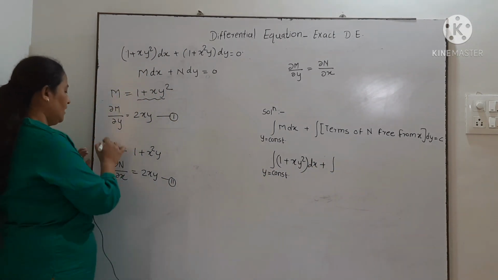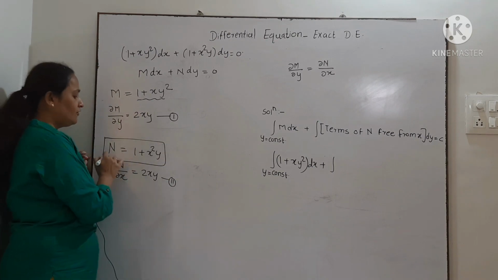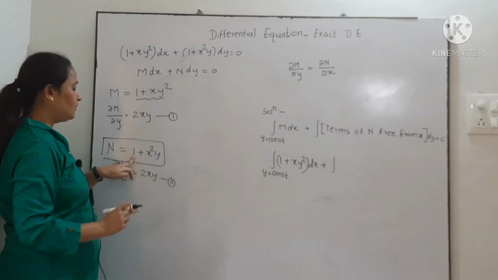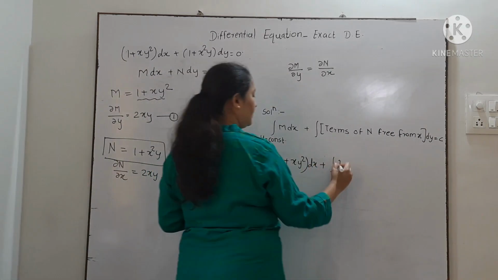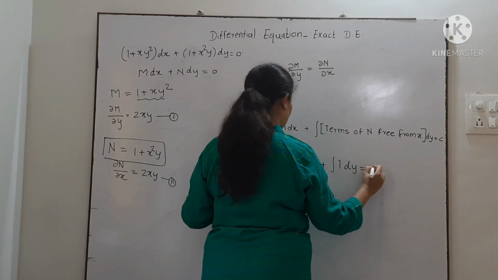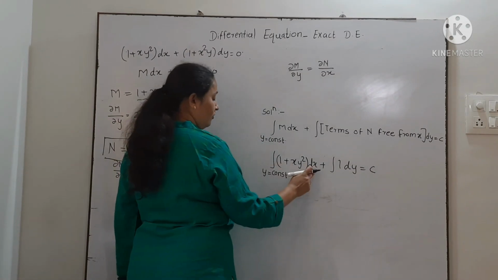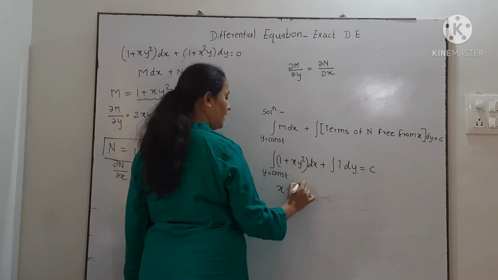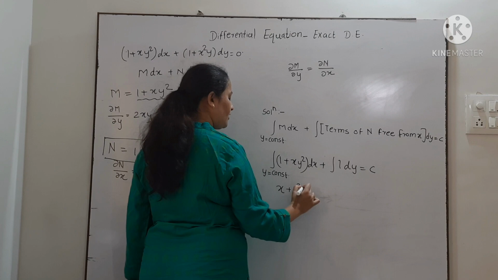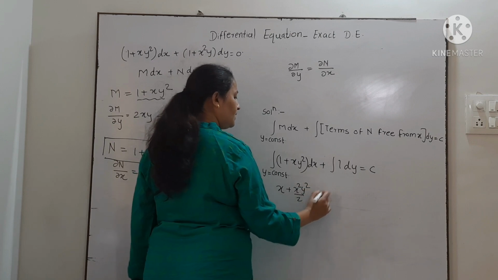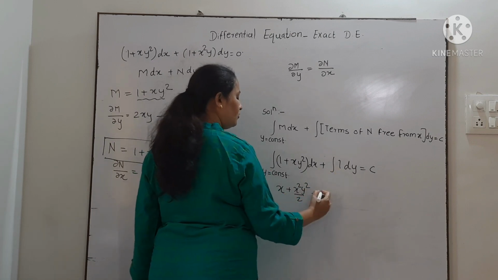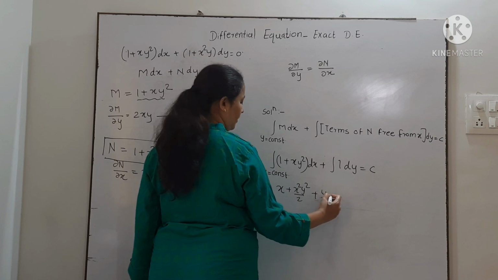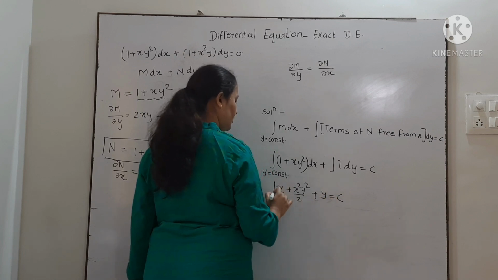This is N. We will consider the term which is free from x. There is only one term, that is 1. So it is 1 dy equal to c. Integral of 1 is x plus integral of x is x square upon 2, y square as it is, plus integral of 1 with respect to y is y, equal to c.